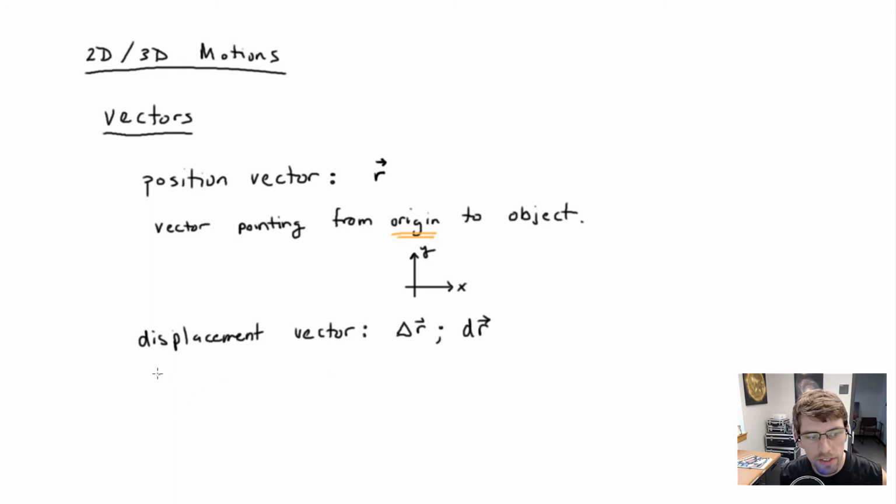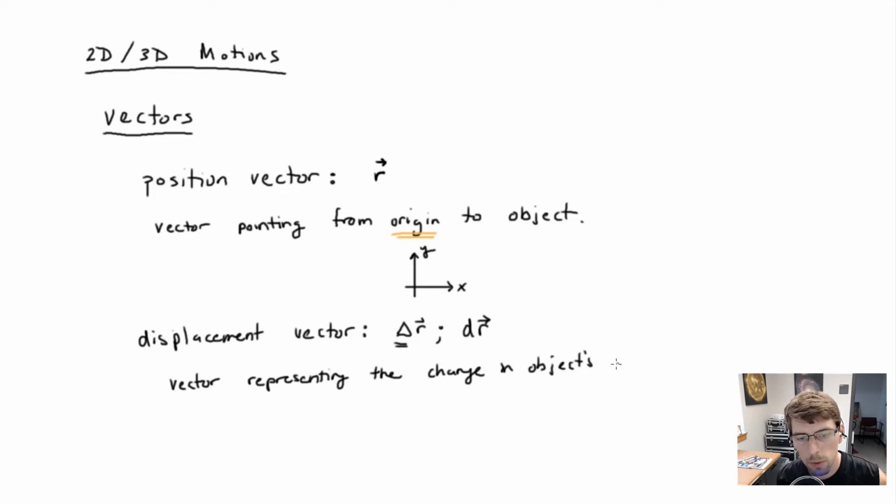Of course, you're already familiar with delta notation. You know that this stands for the change in. And I will say this is a vector representing the change in the object's location.